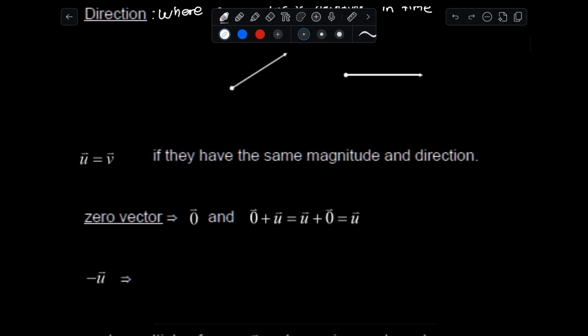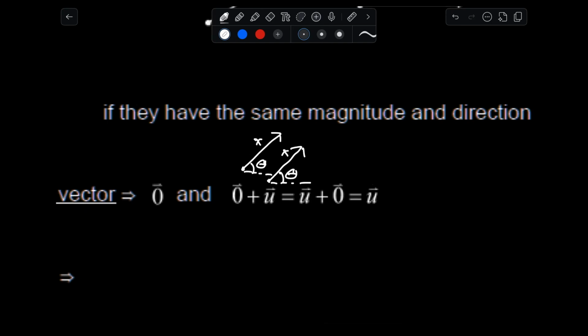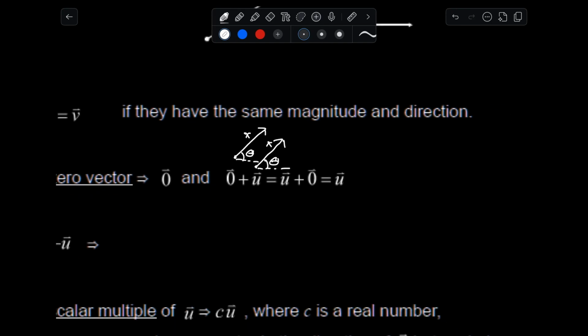For example, if I drew a vector like this and a vector like this, it's not perfect, but the idea is that you would imagine that this theta is equal to that theta, so they're rotated the same amount off of the x-axis, right? And in fact, they have the same distance or the same magnitude. So we can say this is x, this is x. We can call these both magnitude x, and they have the same direction. Then we can say that this vector right here, we'll just call that u, is equal to this vector v.